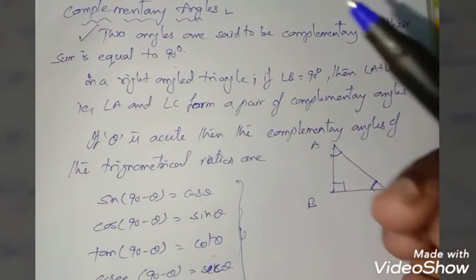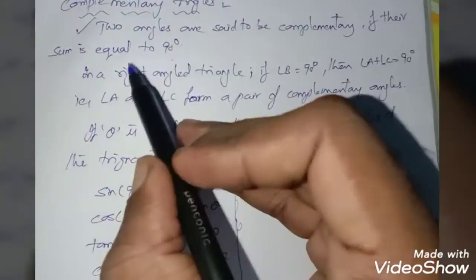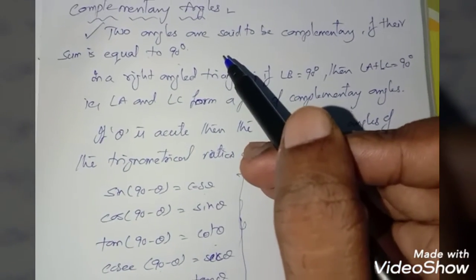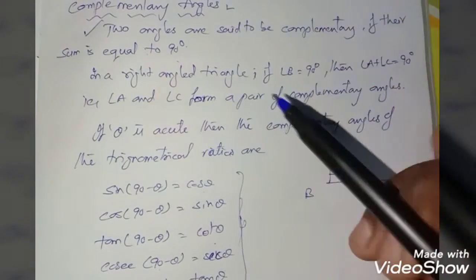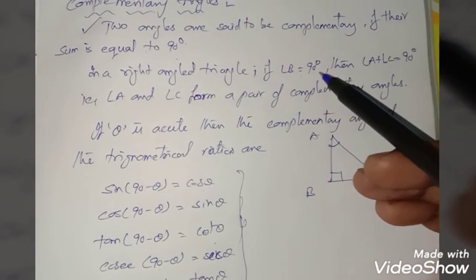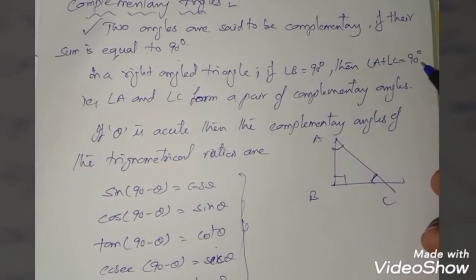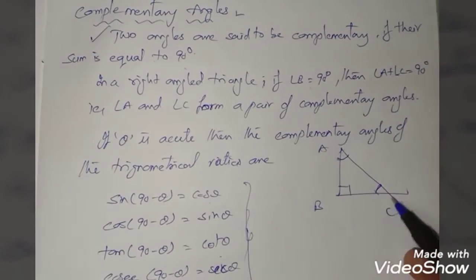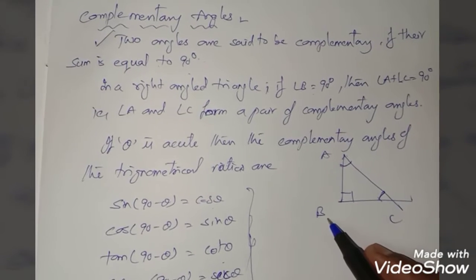So in trigonometry, what is the definition of complementary angles? In the trigonometry chapter we always use a right angle triangle. In a right angle triangle, if angle B is equal to 90 degrees, then angle A plus angle C is equal to 90. In the diagram, ABC is a right angle triangle where angle B is 90 degrees.